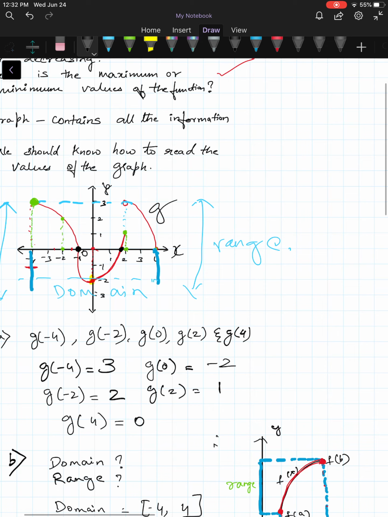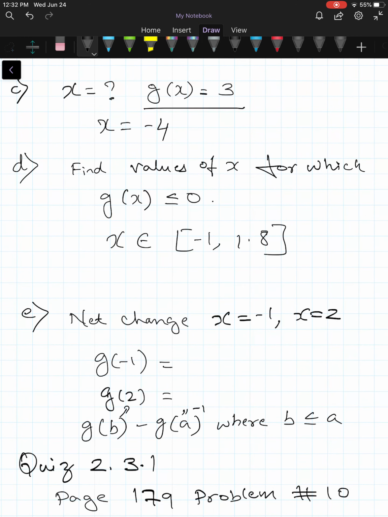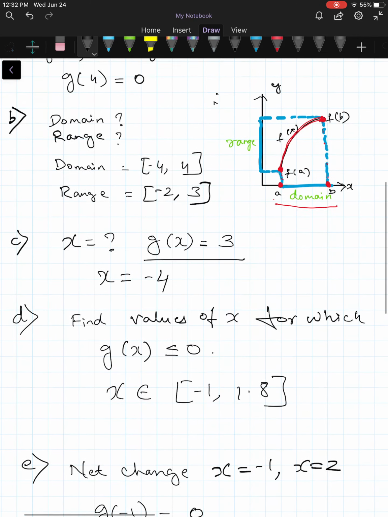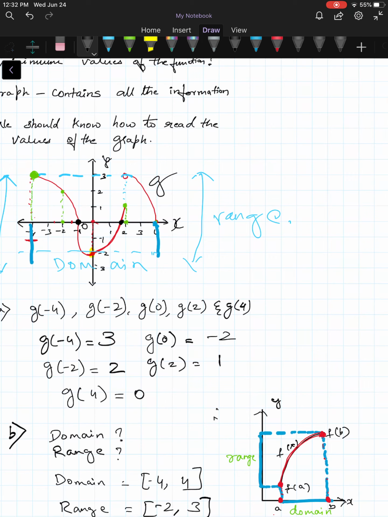Going back to the graph, when x is -1, we have y to be 0, which we discussed very recently in the previous question. So g of -1 is 0. What happens when x is 2? When x is 2, y is 1. g of 2 is 1.